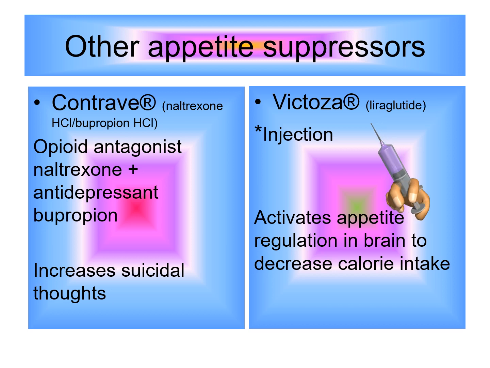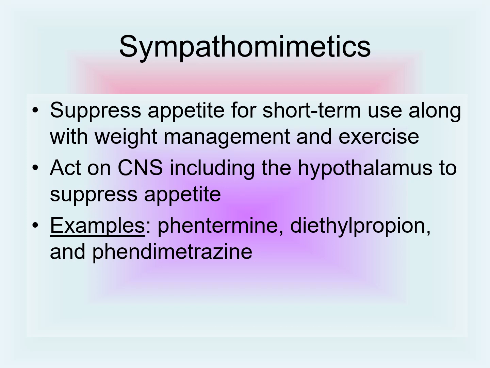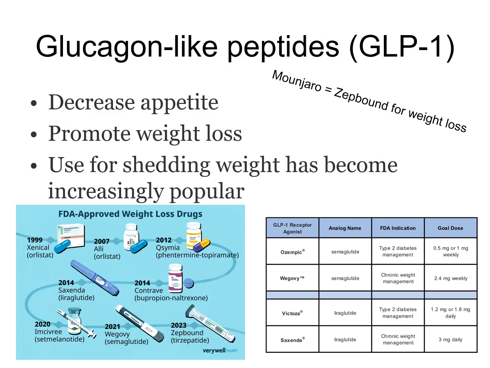So other fat suppressors, Contrave and Victoza, might have seen those advertised on TV. Sympathomimetics, and I already mentioned phentermine, and again that basically speeds everything up, speeds the metabolism. These are very popular right now, glucagon-like peptides. So Mounjaro, which is Zepbound for weight loss.